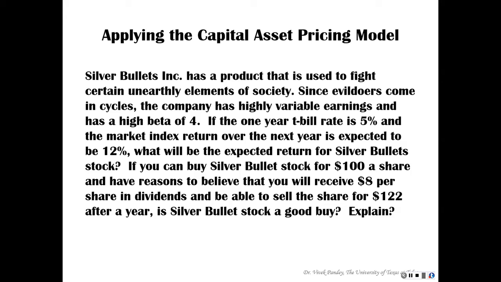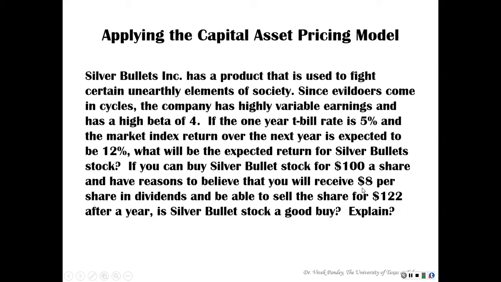Explain. Right. So first, we will calculate the CAPM model that's explained in the book. It will allow us to calculate what the expected return will be for the stock, or what it should be. But given these cash flows, what is the return over the next year, right?